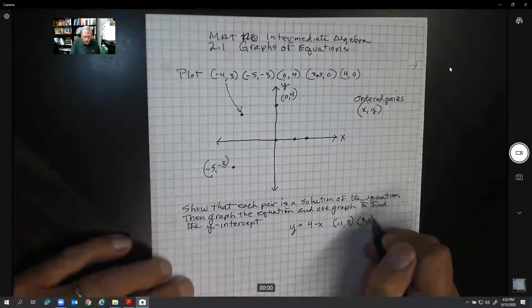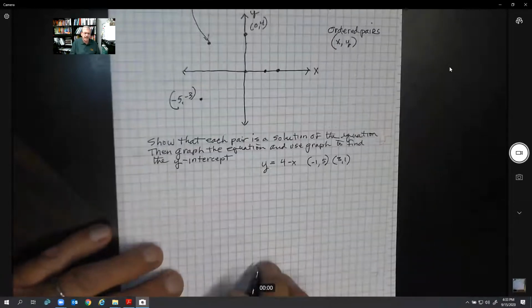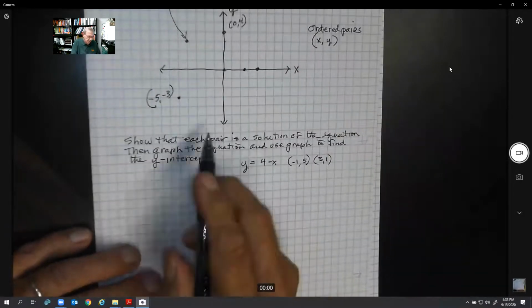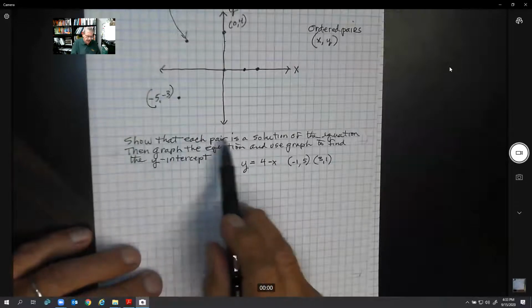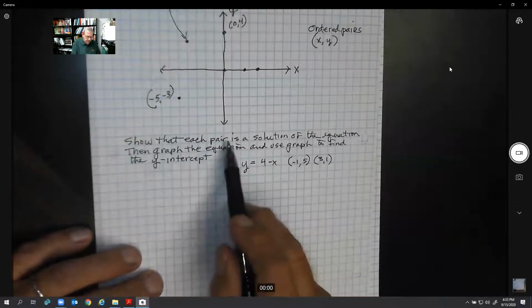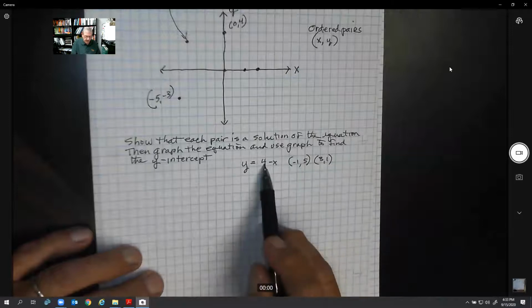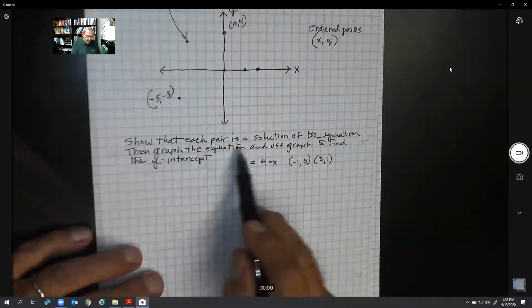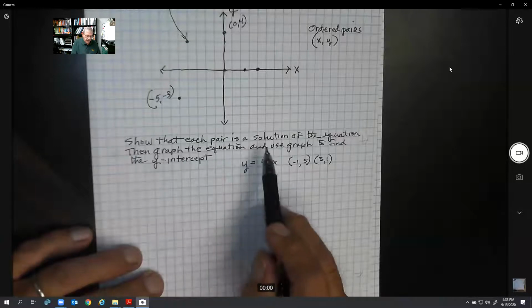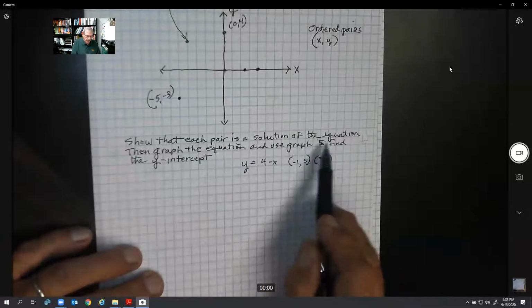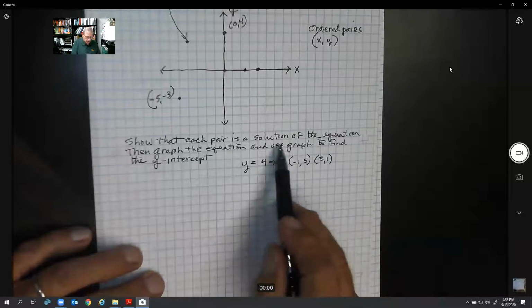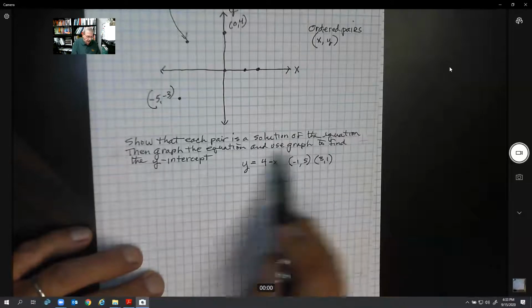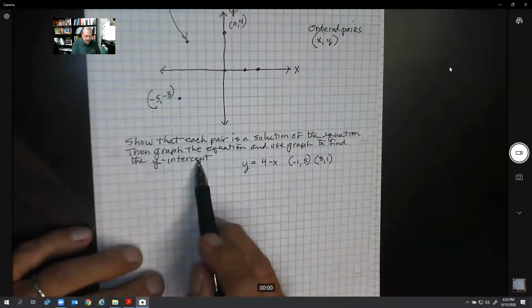So one thing that's really important in math is that you read the directions. It says, show that each pair, that means these ordered pairs, is a solution of this equation right here. Then we want to graph this equation and use the graph. We're going to graph these points, in other words, and we're going to use this graph to find the y-intercept.